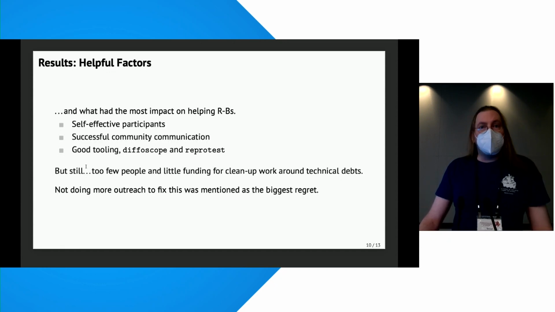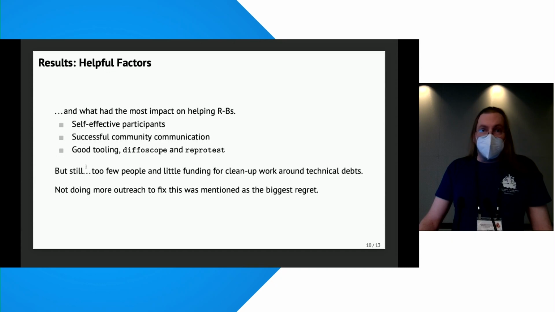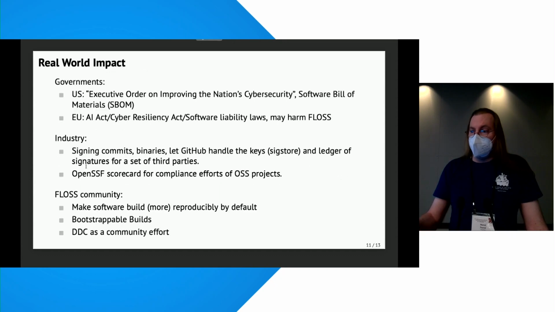And they built some good tooling, Diffoscope, which is known in not just the reproducible builds.org community, and ReproTest, which is used for some CIs which test all of this. But still, the community is quite small, and there's a lot of cleanup for technical debt, which we, I assume, all know. So the biggest regret that was mentioned was missing outreach.